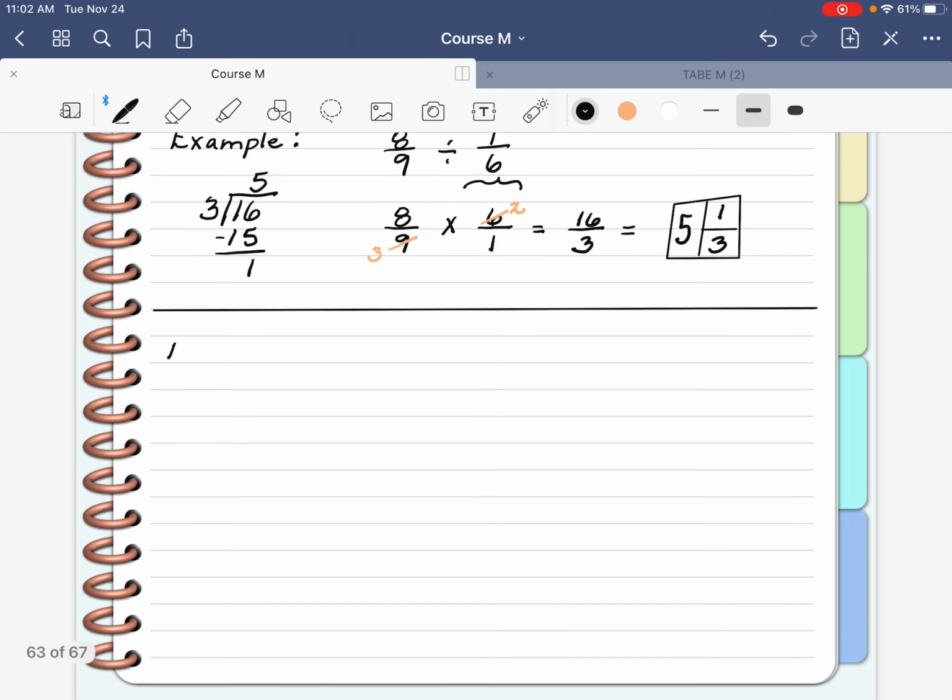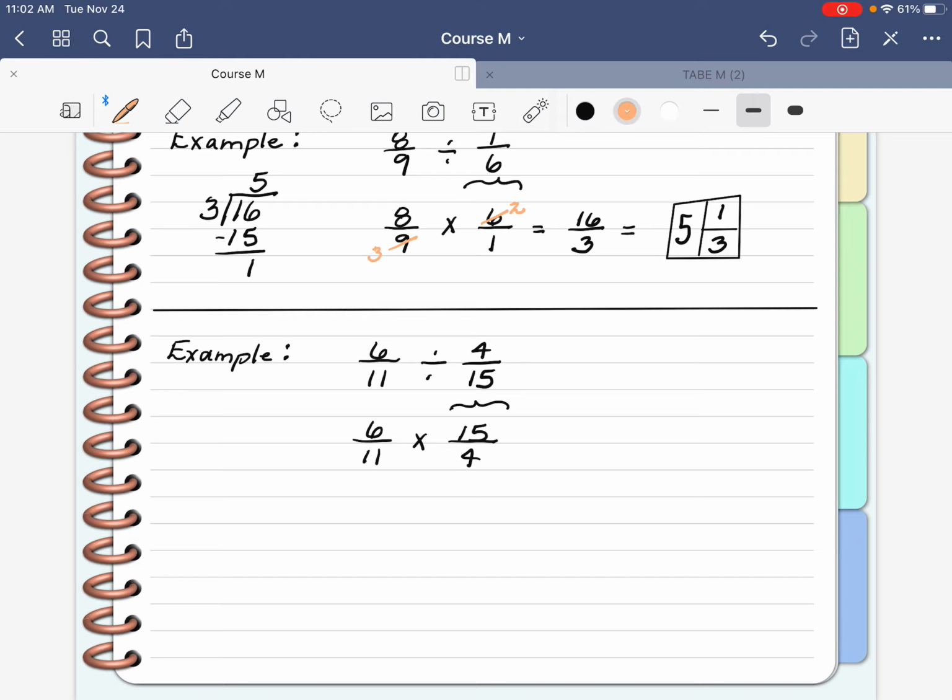I think I can fit in 2 more. How about 6/11 divided by 4/15? I might not be able to fit in another one. We'll see. No mixed numbers, no whole numbers. So let's flip the fraction that follows and multiply.